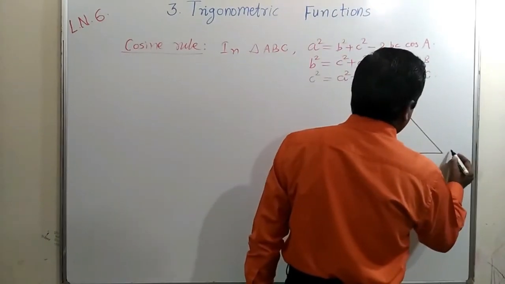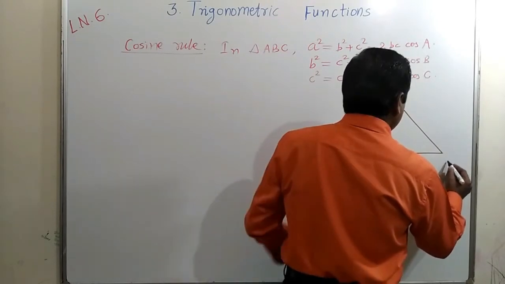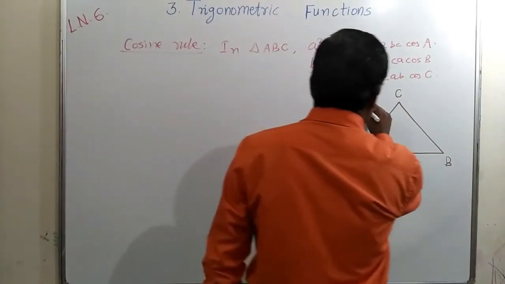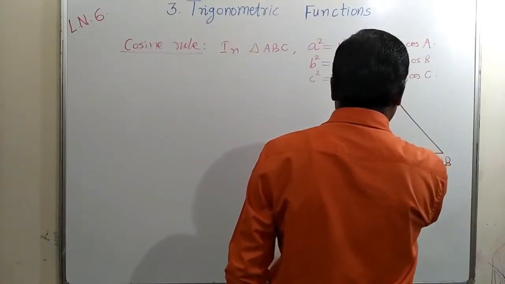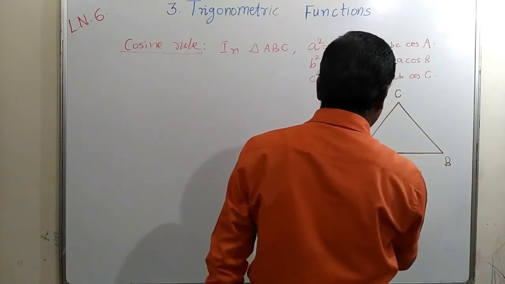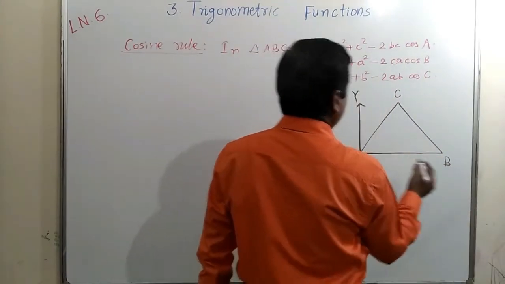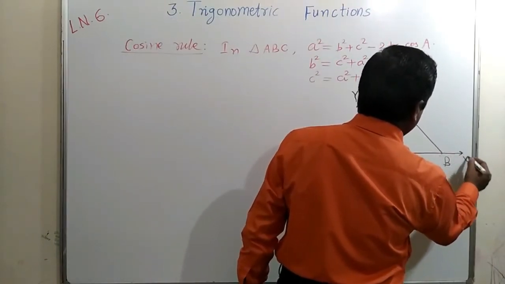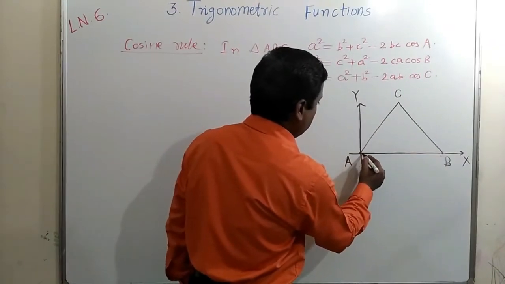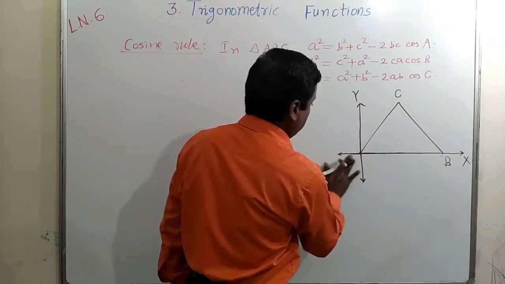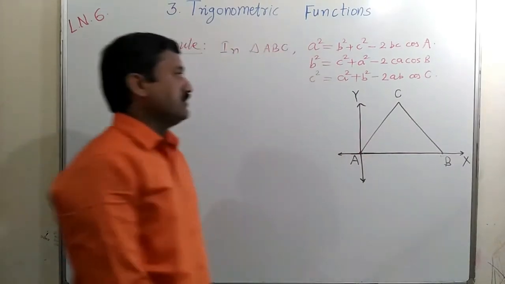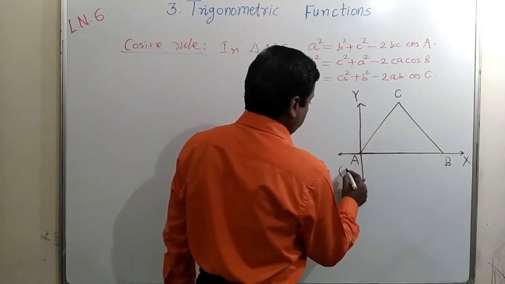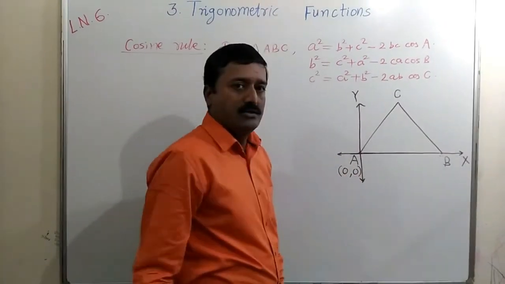So this vertex B is here and C is here, so that this is our y-axis and this is the x-axis. So this vertex A becomes the origin of this xy system. If A is at the origin, then obviously the coordinates of A will be 0, 0.